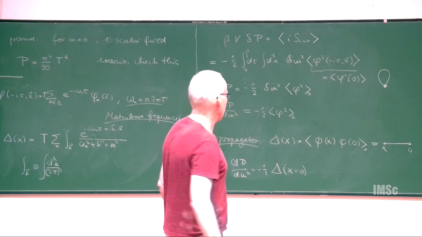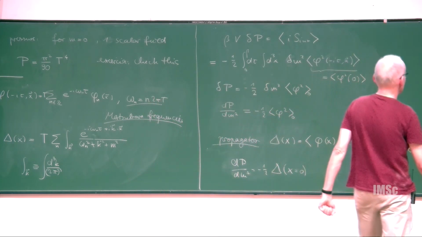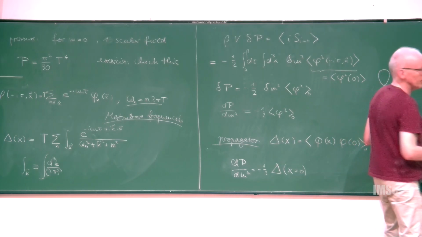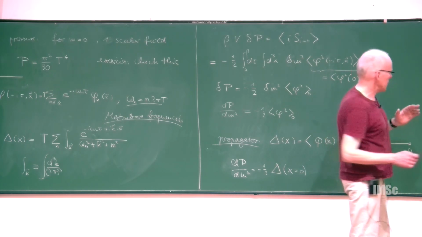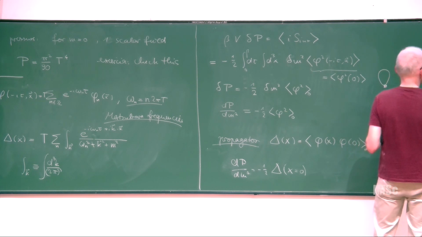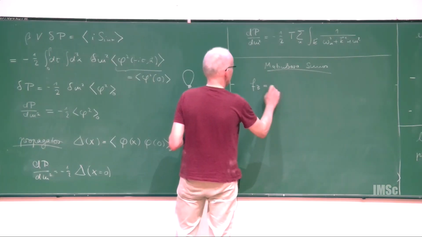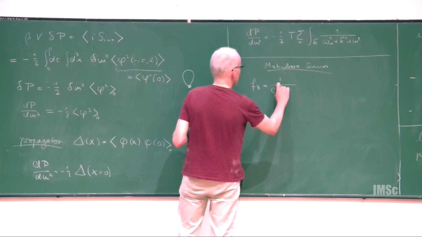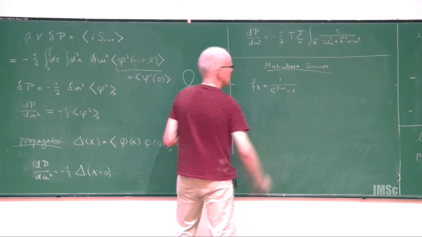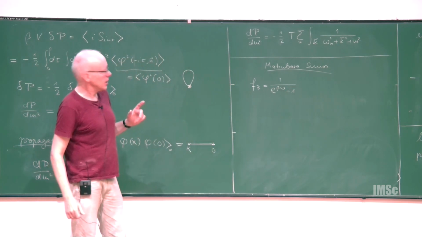So how do I do Matsubara sums? The trick is the following. You remember the Bose-Einstein distribution. It has poles.